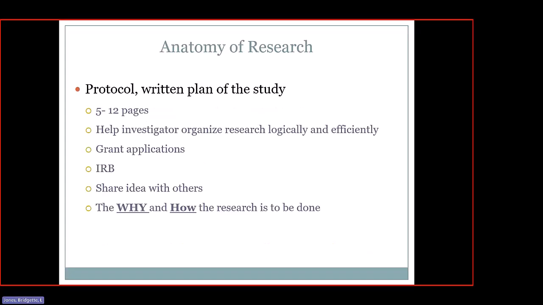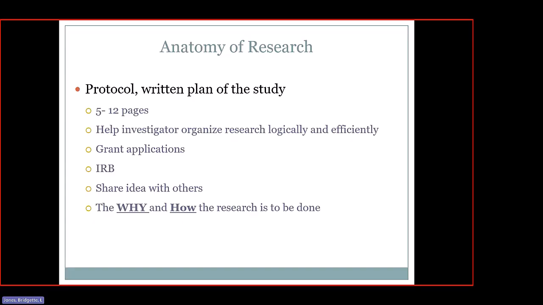So next, when you have your research question, you might want to start thinking about writing your research protocol. A protocol is an overview of what a study is: what your question is, what your hypothesis is, and we'll walk through that a little more, but how you're going to actually do your study and how you're going to analyze your data.